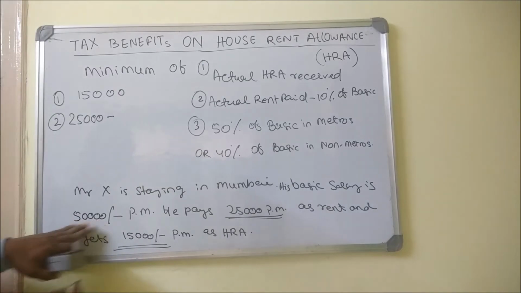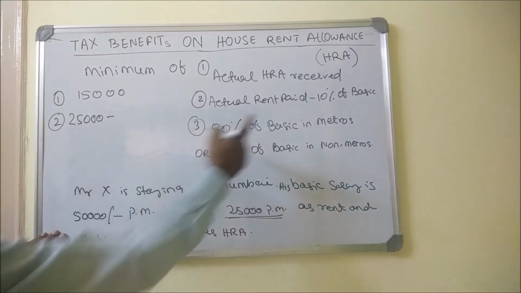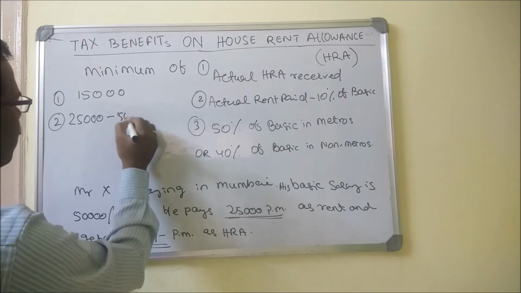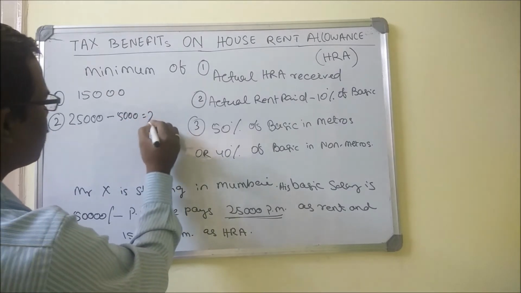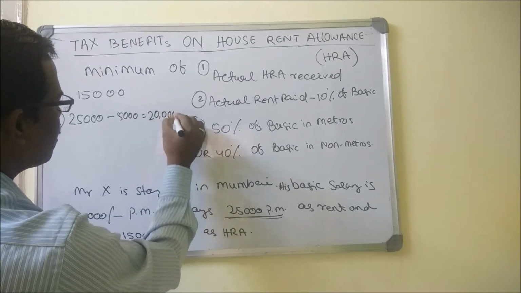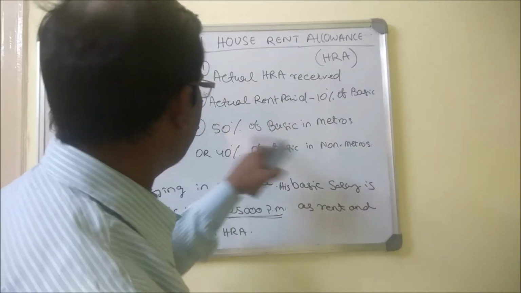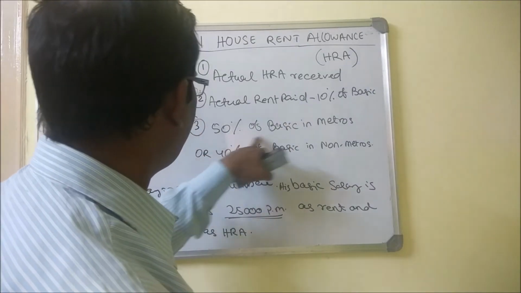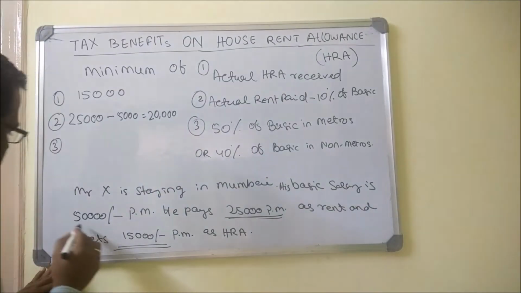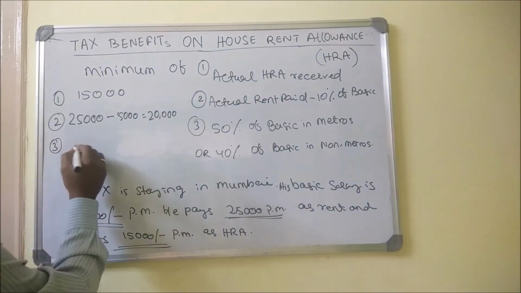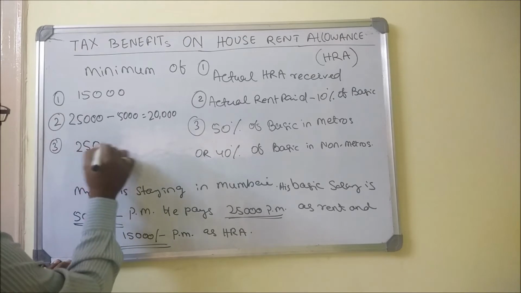His basic is 50,000, so 10% of his basic is 5,000. So that comes to 20,000. The third criteria: he is staying in Mumbai, so you have to take 50% of his basic. Basic is 50,000, so 50% of it is 25,000.